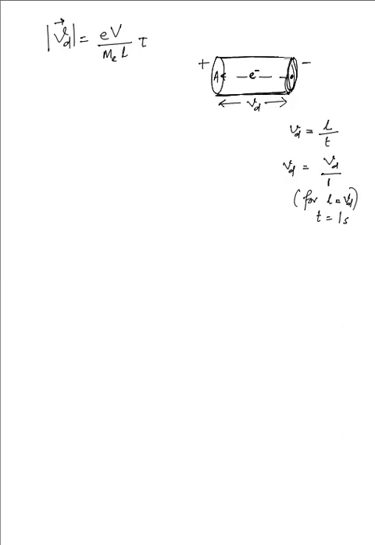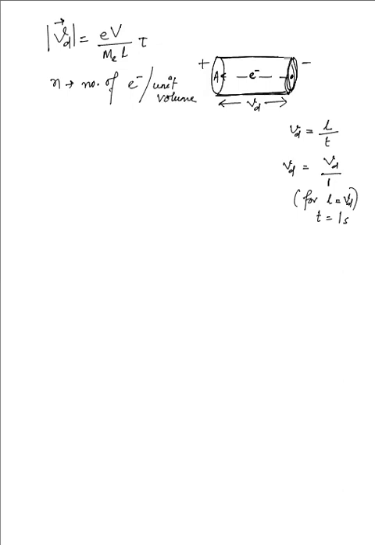Consider n as the number of electrons present per unit volume of the given conductor.